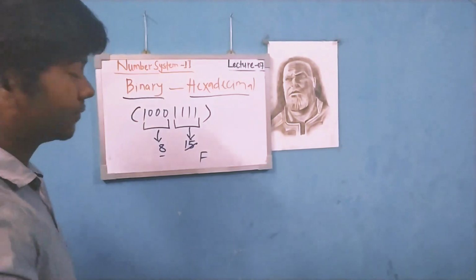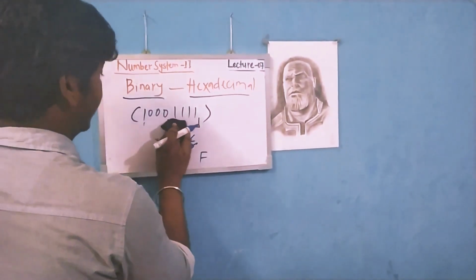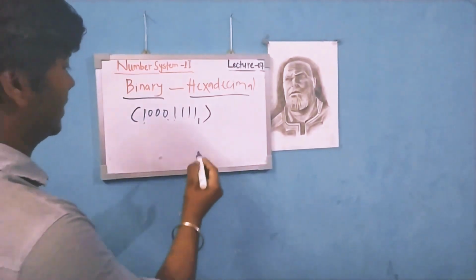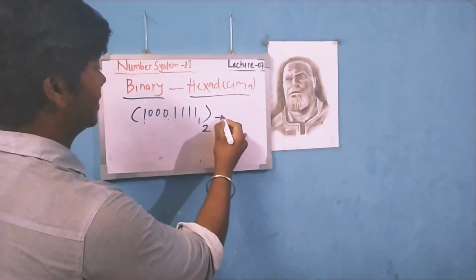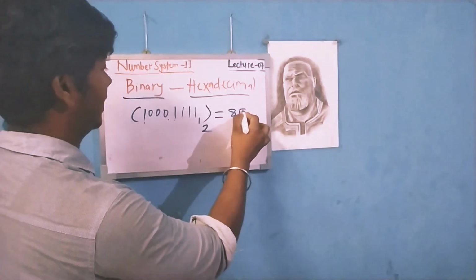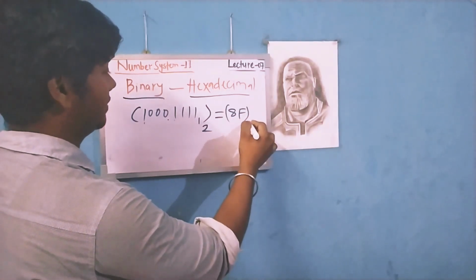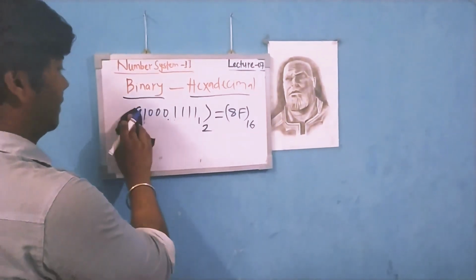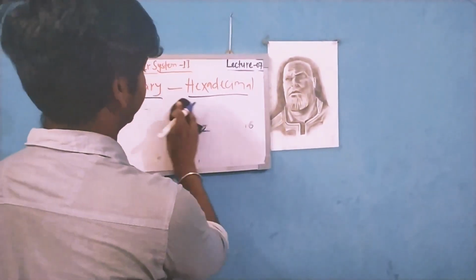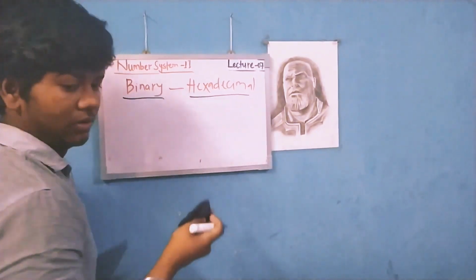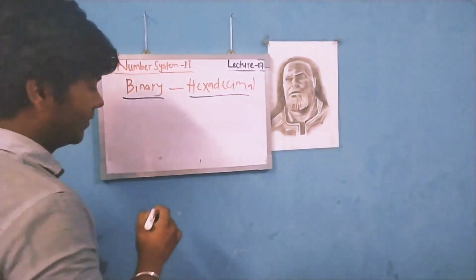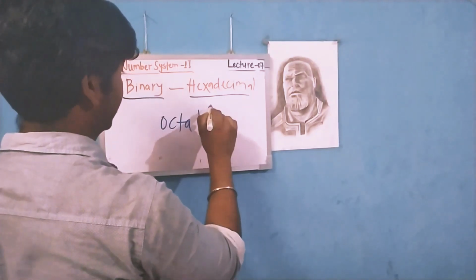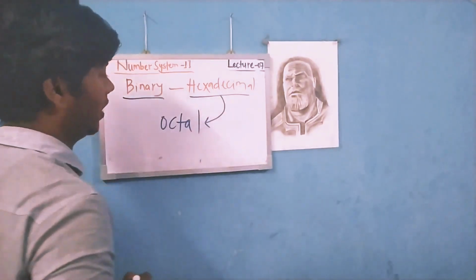So now the equivalent of this binary number is 8F. In this way you can convert a number from binary to hexadecimal. And also, if you have to convert a number from hexadecimal to octal, how do you convert?